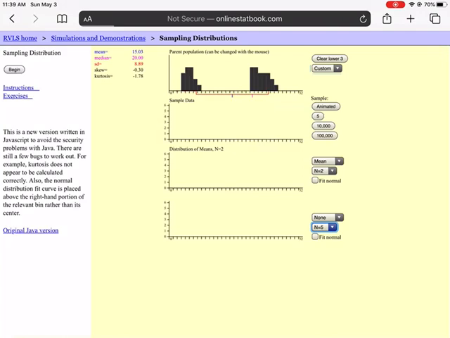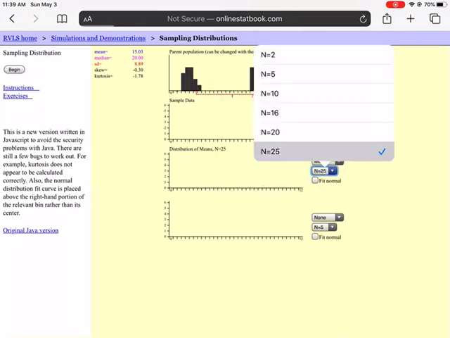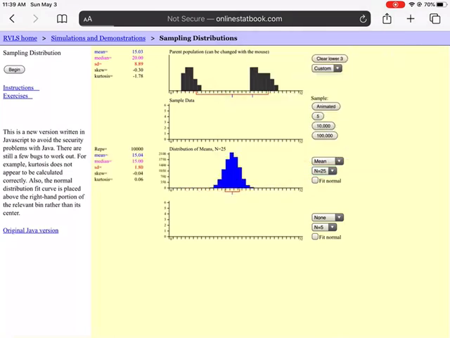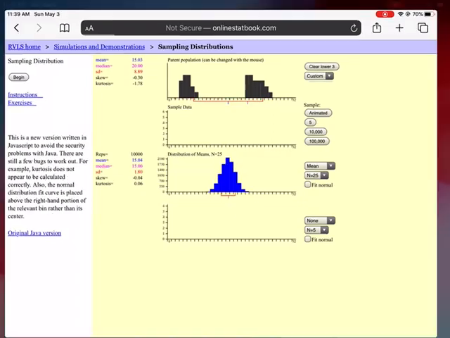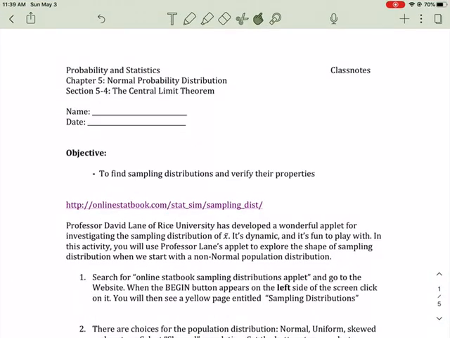I want you to create your own custom distribution. Take as many samples as you want. I'm going to change that to 25 and do 10,000. Write down some observations that you notice as you play around with this applet. Take a minute, see what happens, write down some observations. Pause the video and go ahead and do that.